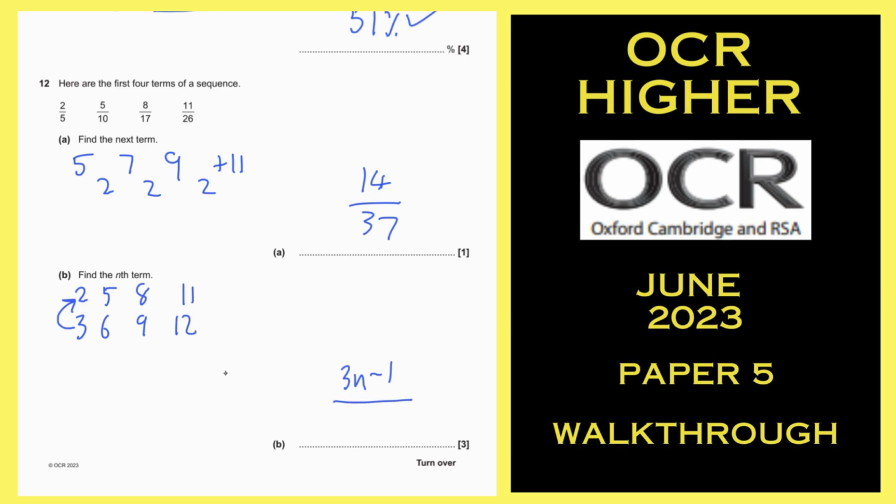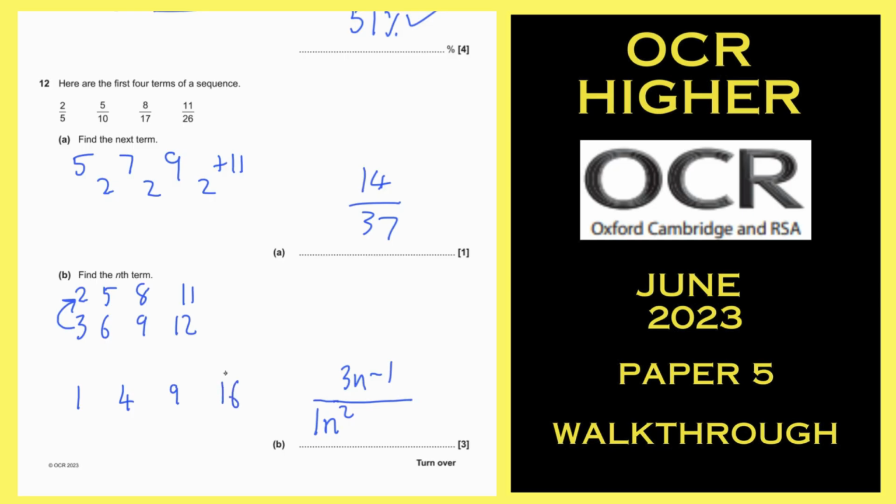On the bottom, we've got second differences, as we can see, of 2, 2, 2. That means there's an n squared involved. Half of 2 is 1. So actually, if you want to be picky about it, it's a 1n squared, but who cares? 1n squared is just your square numbers.